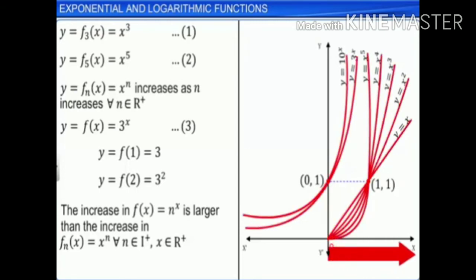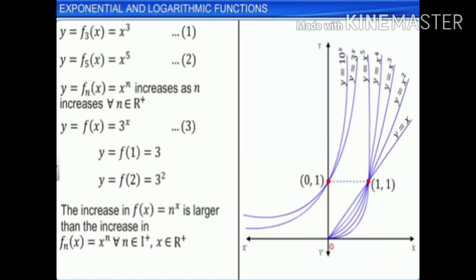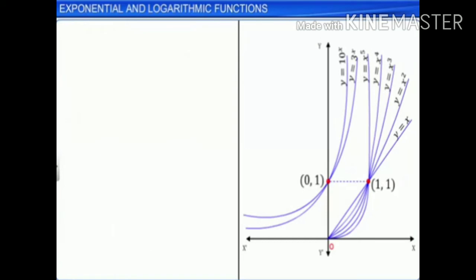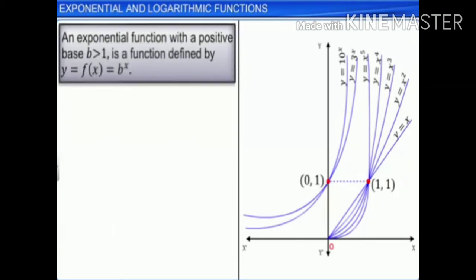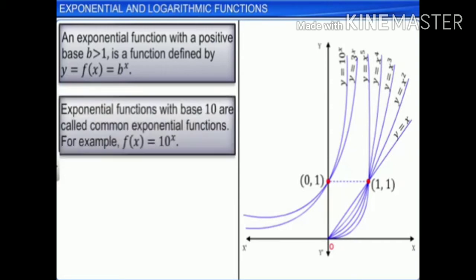Mathematically, an exponential function with a positive base b greater than 1 is a function defined by y is equal to f of x is equal to b raised to the power x. Exponential functions with base 10 are called common exponential functions. For example, f of x is equal to 10 raised to the power x is a common exponential function.